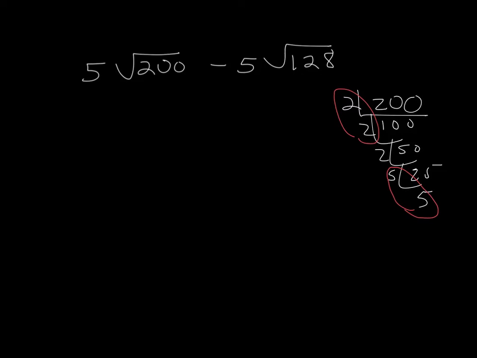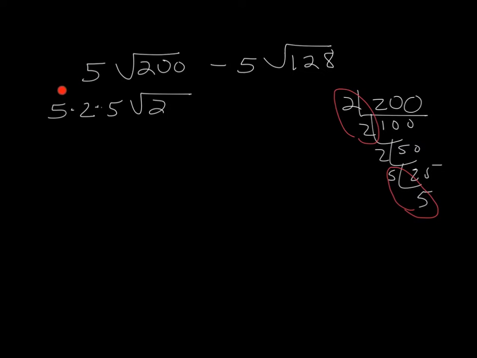We already had a 5 that was out here. And now what's going to happen is a 2 is going to come out of there and another 5. So it's going to actually be the 5 that was already there times 2 times 5 and then square root 2.